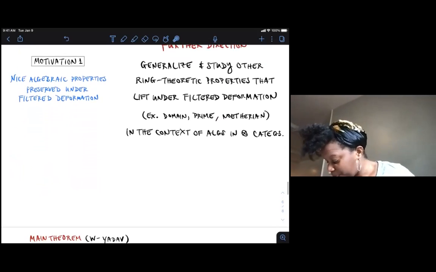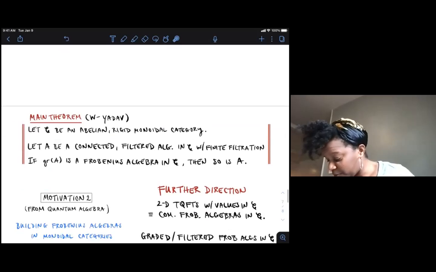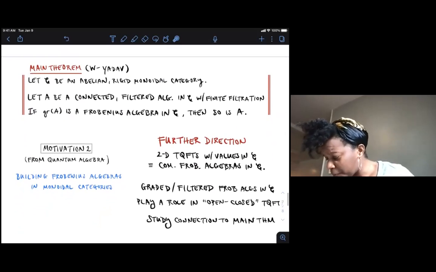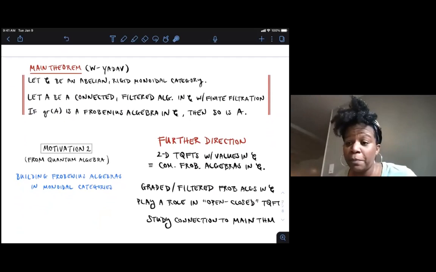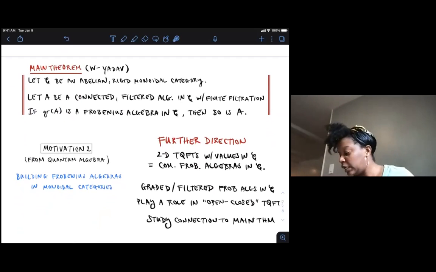Another problem that might be of interest to folks from the quantum side is that Frobenius algebras in monoidal categories are quite important, especially in topological quantum field theories, whatever these are.